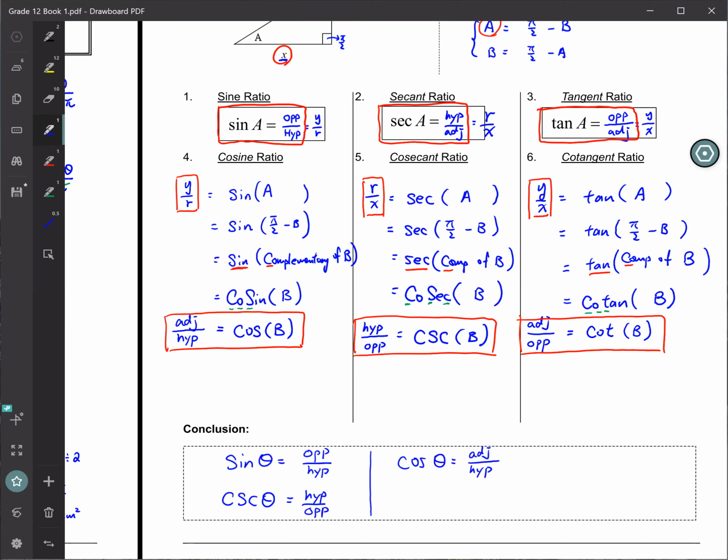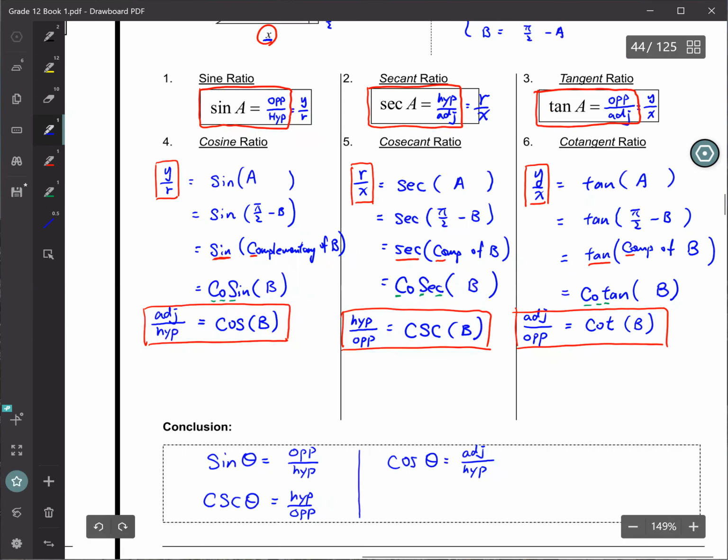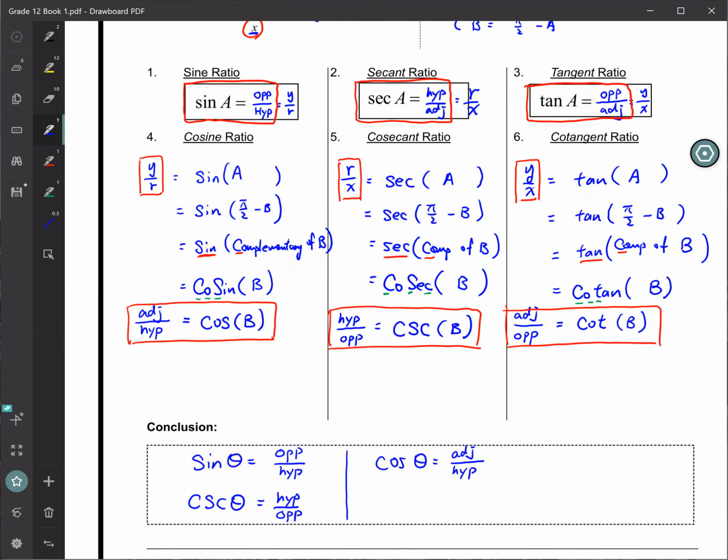Do you know which one? Samantha, are you there? Secant, yeah, very good. Okay, secant is hypotenuse over adjacent, right? It's a reciprocal.